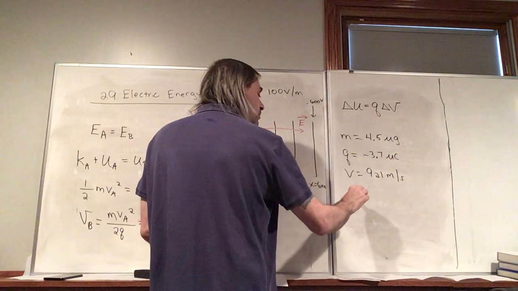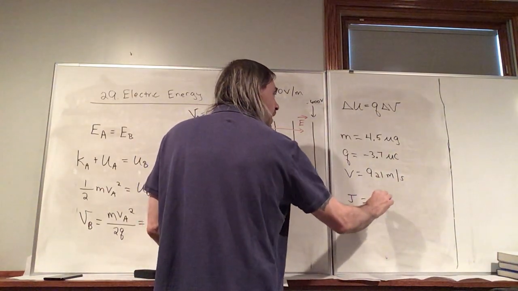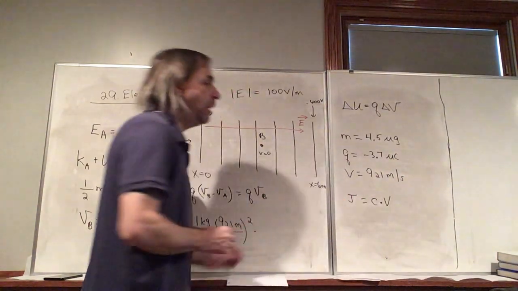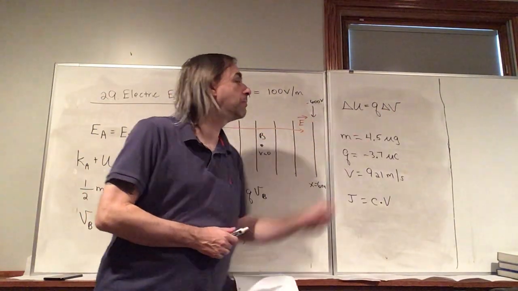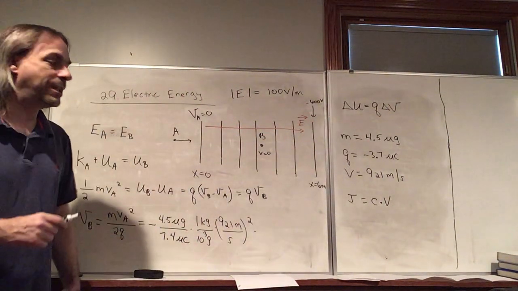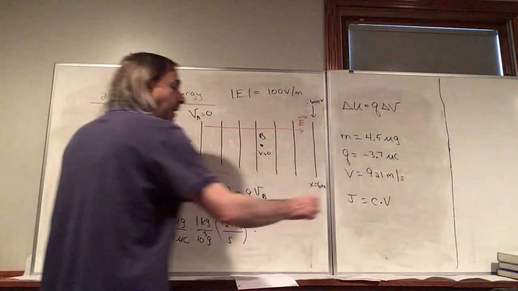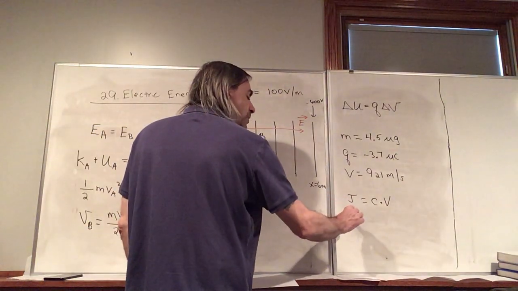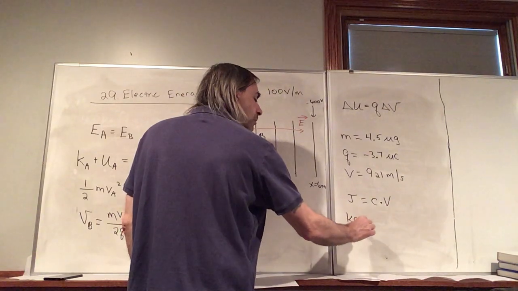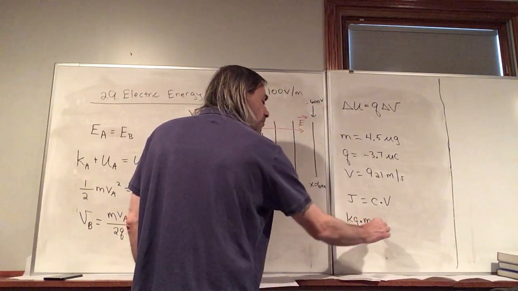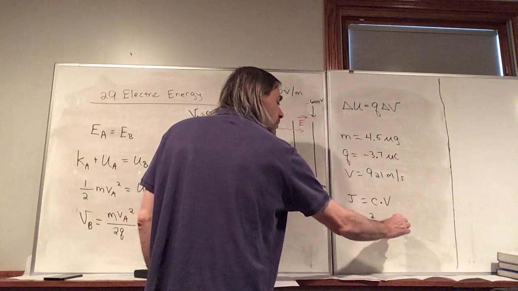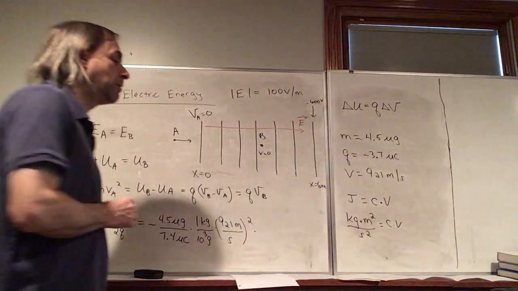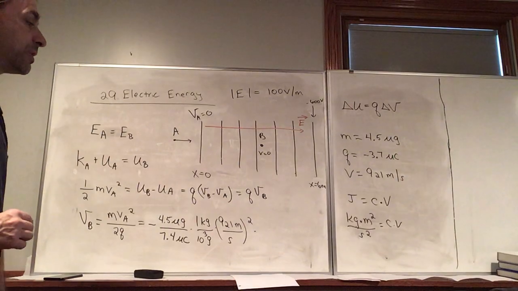Remember, a joule is equal to a coulomb times a volt. And again, here, energy in joules, charge in coulombs, potential in volts. So a joule is a coulomb volt. And a joule, we can write as a Newton times a meter, where a Newton is a kilogram meter per second squared. So a Newton times a meter would be a kilogram meter squared over second squared.